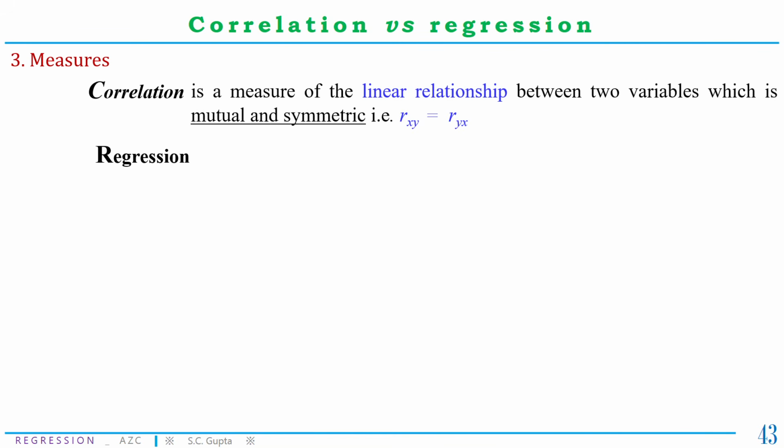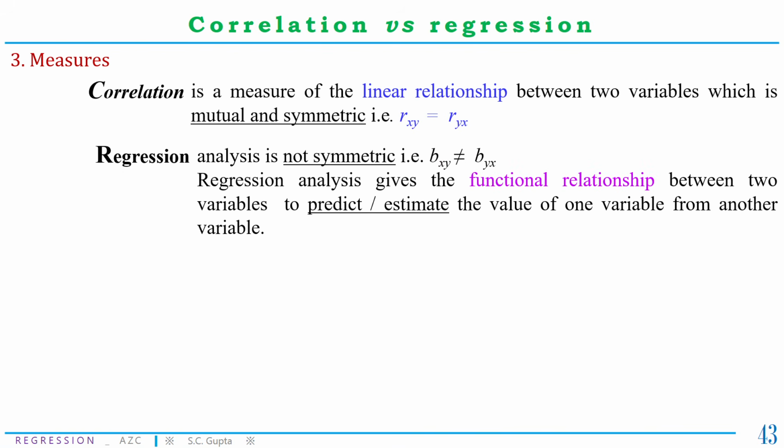Correlation is a measure of the linear relationship between two variables, which is mutual and symmetric. That is, r xy is equal to r yx, while regression analysis is not symmetric. That is, bxy is not equal to byx.